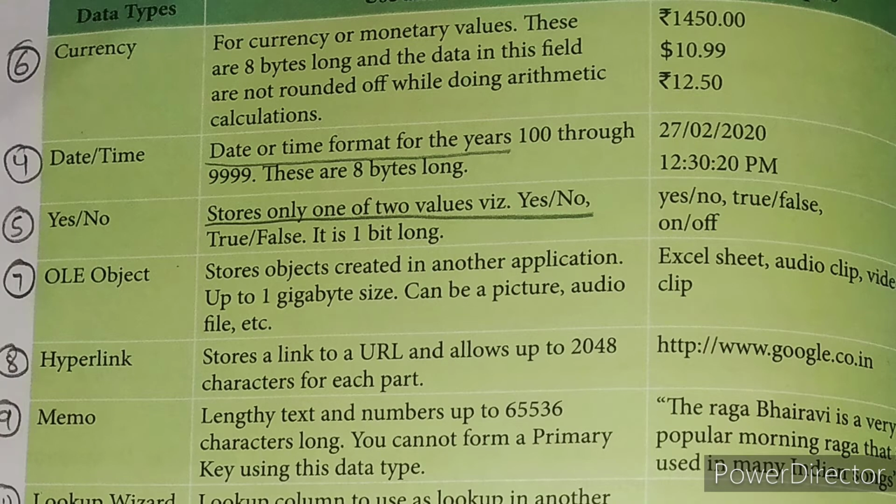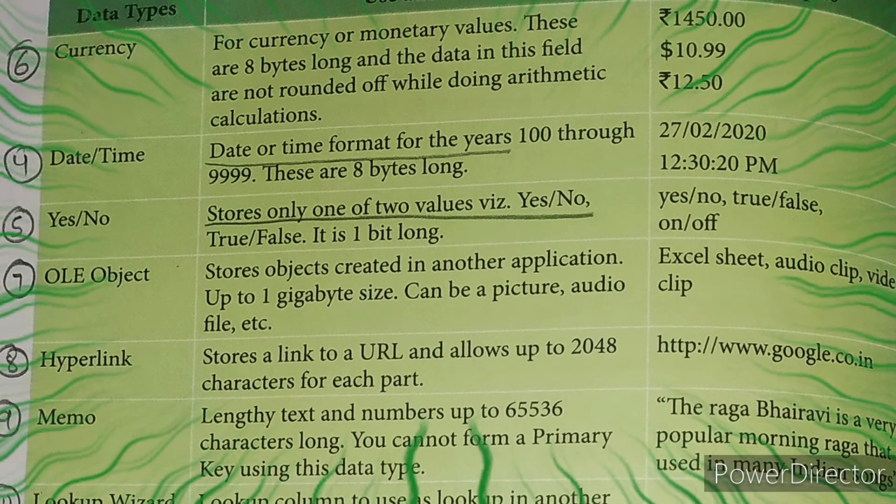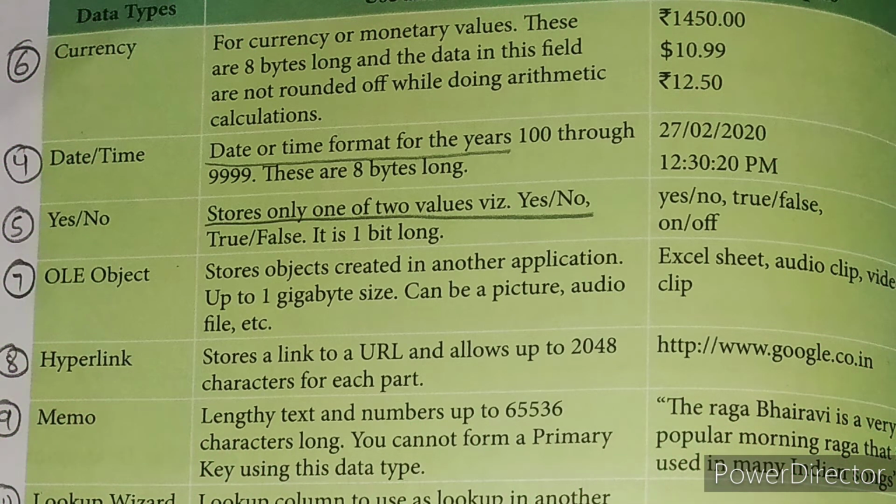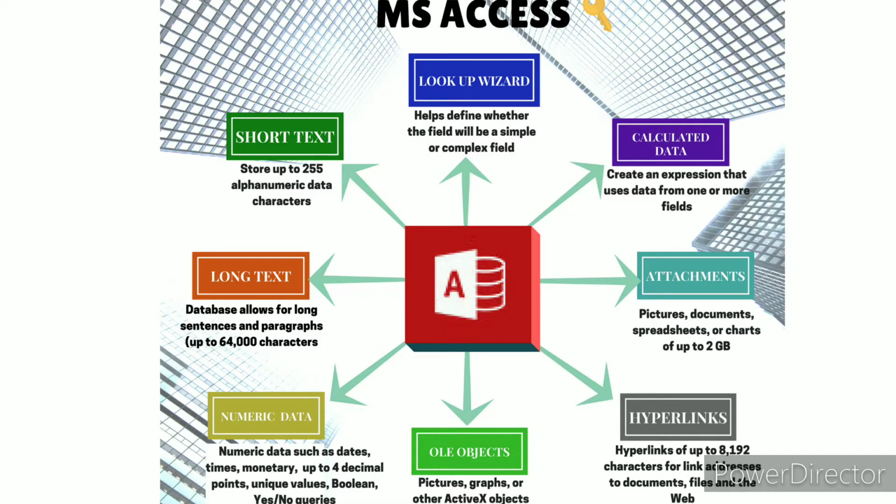Third data type is auto number. It is a unique sequential number automatically set by Access. Fourth data type is date and time. This format is used for dates and time.